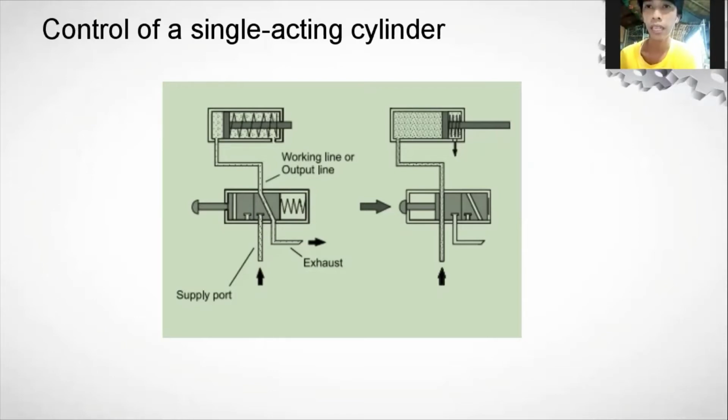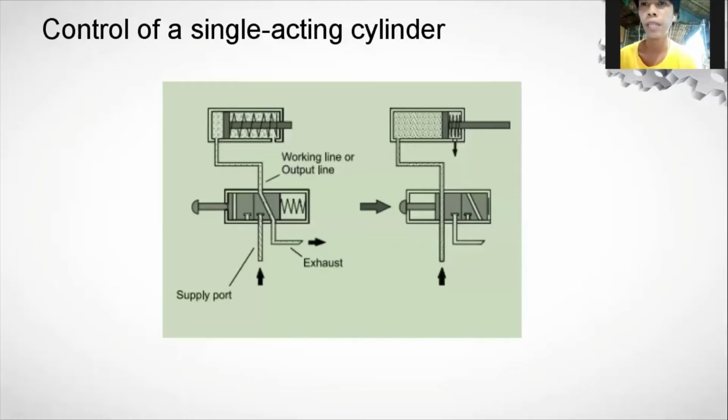At kung makikita po natin dito ay doon po sa left na ating nakikita po natin dito yung ating 3/2-way valve na mayroon siyang supply port at exhaust. At dito po natin makikita sa diagram na to na naka-at-rest pa po siya.